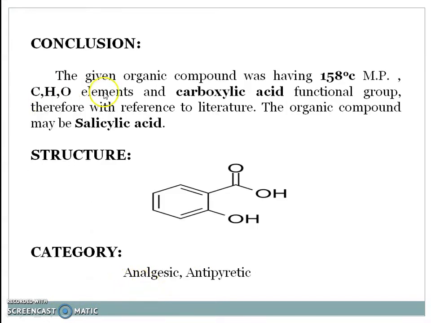Conclusion: the given organic compound has a 158 degrees Celsius melting point, carbon, hydrogen, oxygen elements, and carboxylic acid as a functional group. Therefore, with reference to literature, the organic compound may be salicylic acid. This is the structure of salicylic acid, and it is used as an analgesic and antipyretic drug.